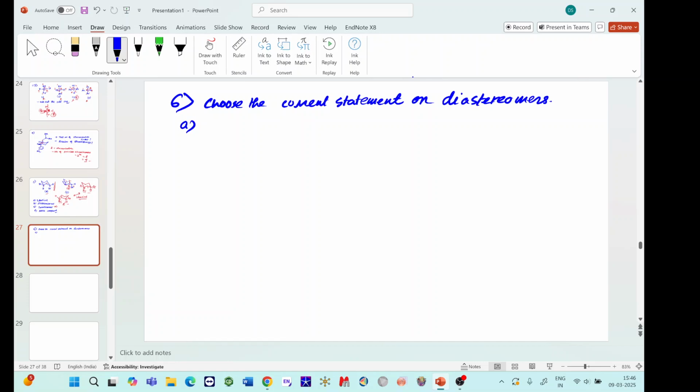Number 1: magnitude is the same, sign of rotation is different.